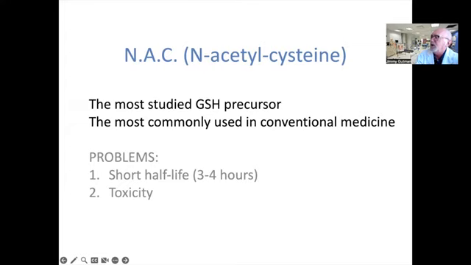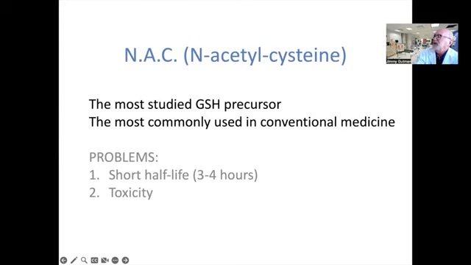It has a few problems, however. Number one, it has what is called a short half-life, about 3 to 4 hours. So in order to keep glutathione levels continually high, it needs to be taken 3 to 4 times a day. And it has a taste and smell that many people cannot tolerate. And it also has side effects, usually nausea, vomiting, cramps, and other symptoms.